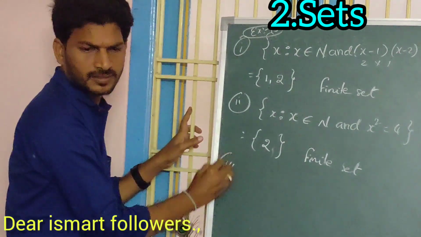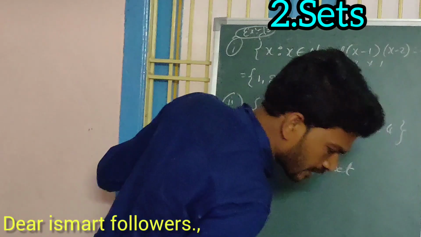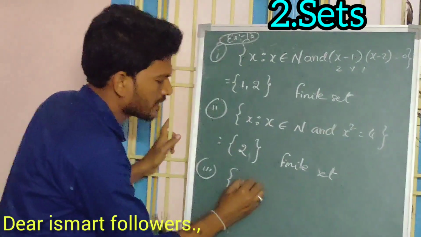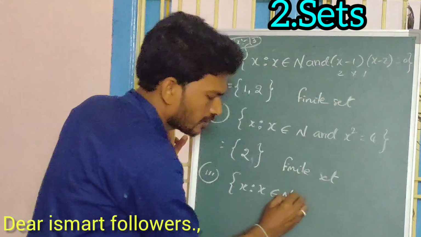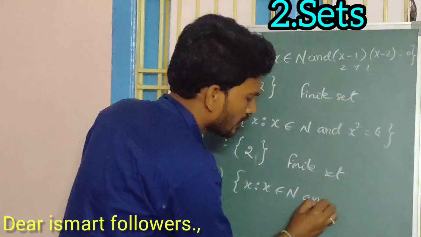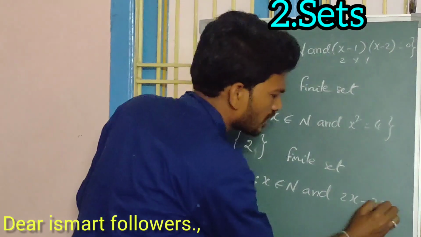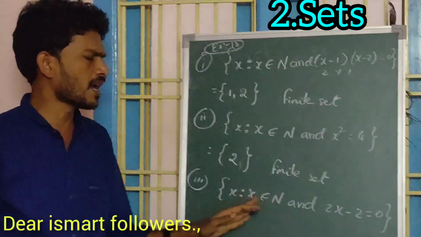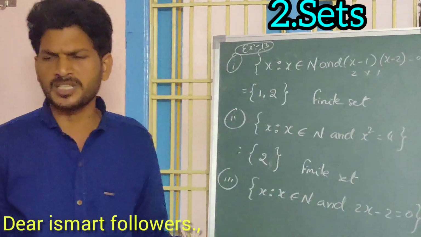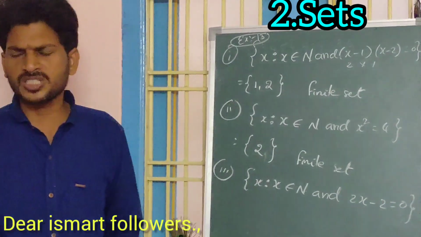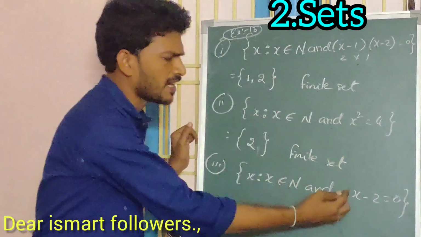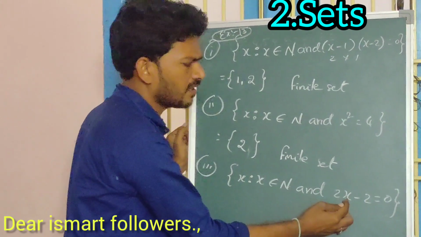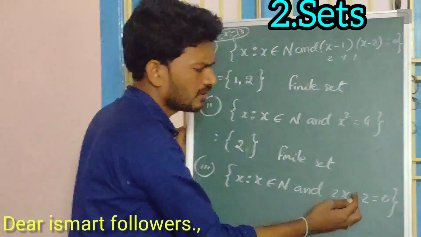Next, the third one. X such that X belongs to N and 2x minus 2 is equal to 0. N means natural numbers, starting from 1. First we substitute 1 in X place: 2 into 1 is 2, minus 2 is 0.